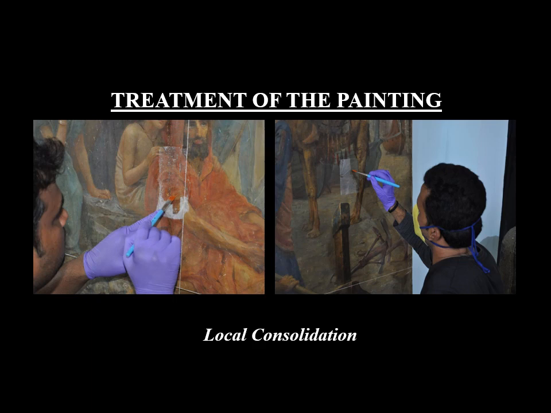Now I would like to discuss the conservation treatment of the painting. Initially, it required local consolidation to stop further losses as flaking was prominent. A vinyl acetate polymer resin, which is non-aqueous, was used to consolidate the flaking areas with a facing of Japanese tissue paper.